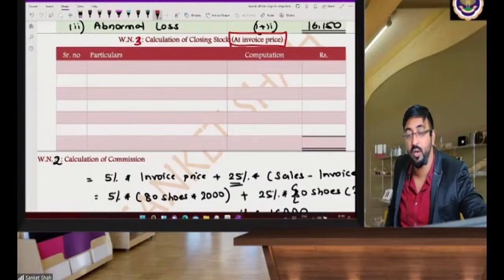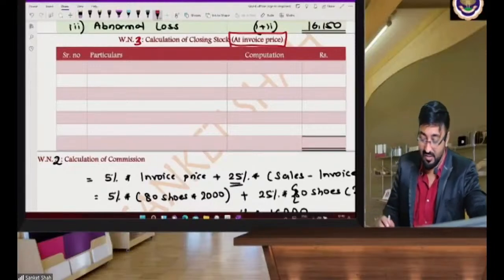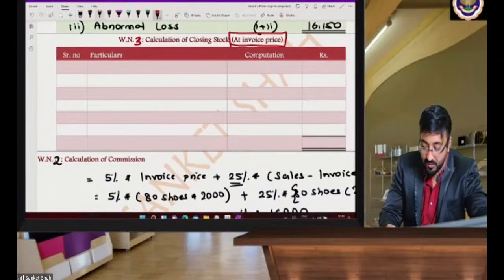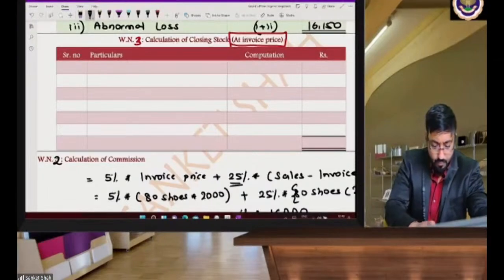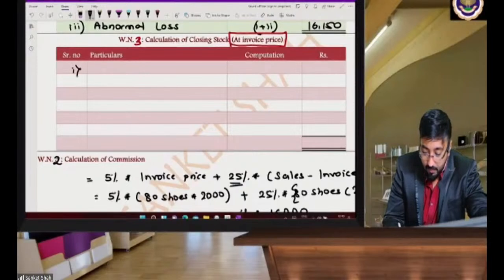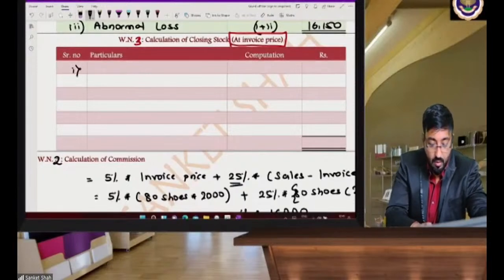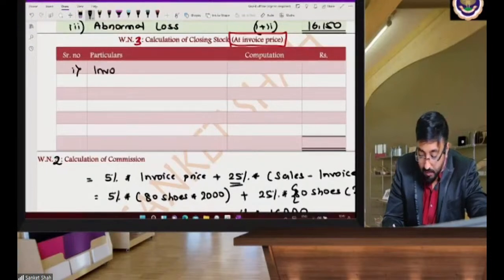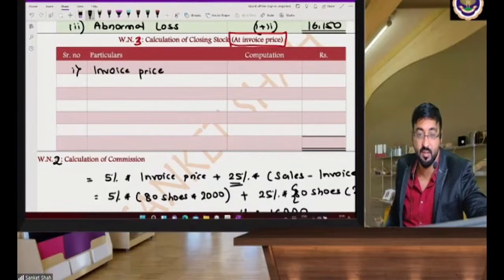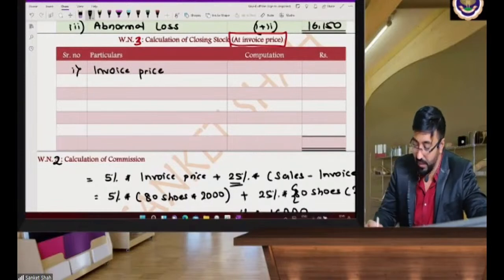What are you going to consider? The original invoice price now. Here we have to consider invoice price, not cost. Serial number, particular, computation, rupees. Roman 1, invoice price. How many shoes?